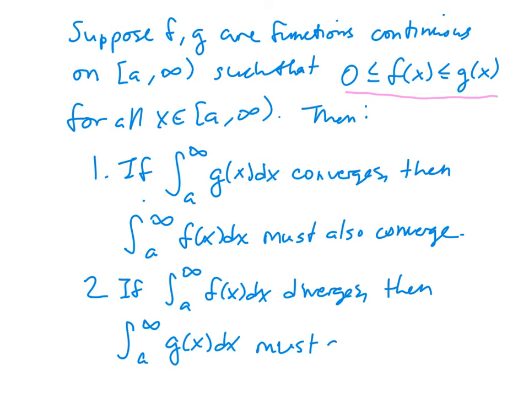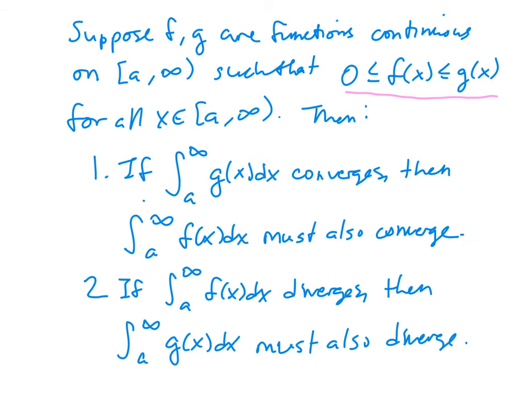Must also diverge. And again, there's a good reason for that. The reason is, if I know that the area represented by this integral diverges, well, I know that g of x is a function whose value is always greater than that of f of x. So if this is going to infinity, then this has to go to infinity at least as fast, if not faster. So those are the two things I know.